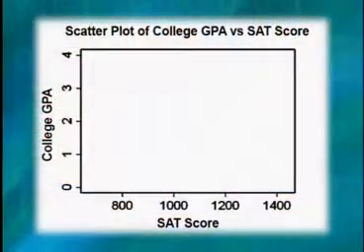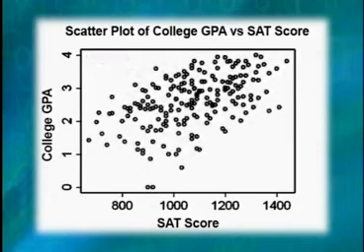For every student, we have 2 pieces of information about that student. We have what that student's SAT score is and what that student's grade point average was after the first year. So this is students who have already had more than 1 year of college. If we look at every single dot, every dot corresponds to 1 student.